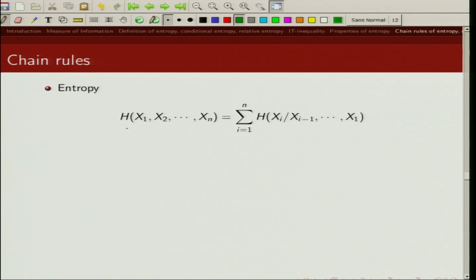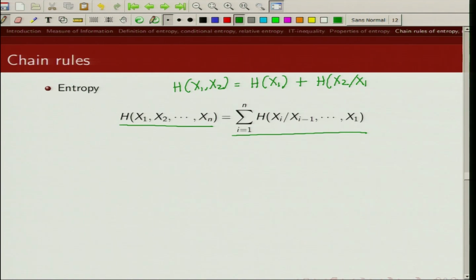So joint entropy of random variables x1, x2, x3, up to xn can be written in terms of their conditional entropy in this particular fashion. For example, h of x1, x2 can be written as h of x1 plus h of x2 given x1. So we can write this joint entropy as a summation of conditional entropies.